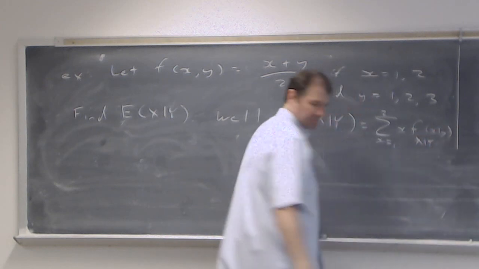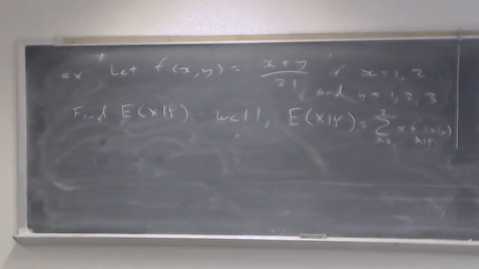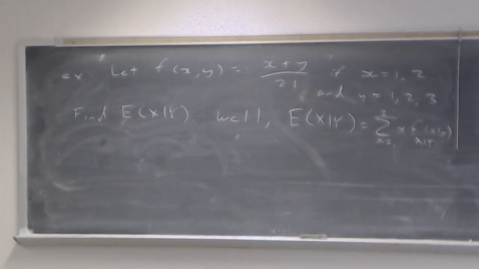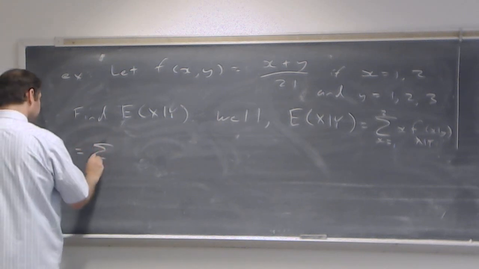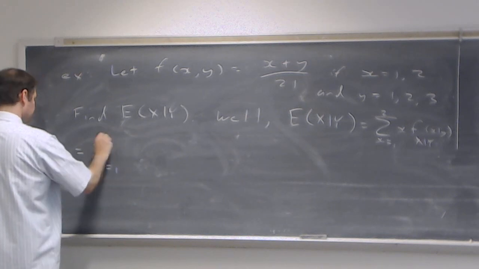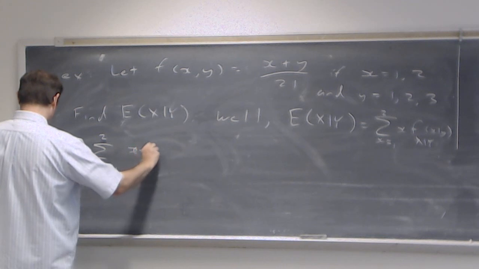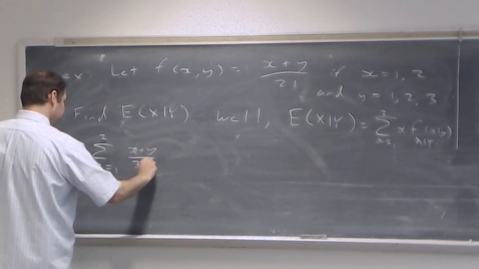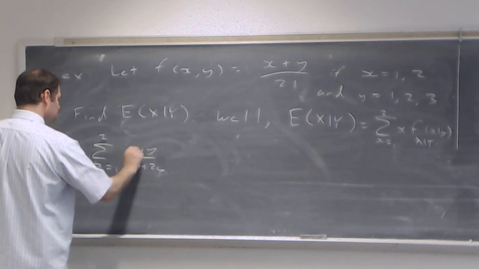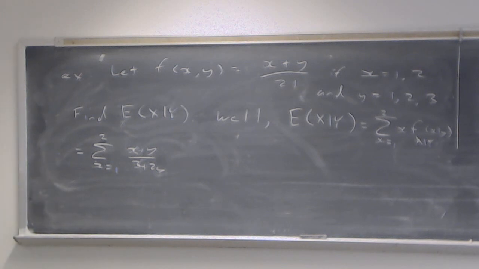I think that I had already found this, so I'm going to go back in my notes and tell you what that is. So f of x given y, we had done this before. I think it's x plus y over 3 plus 2y. I think that's what we had found.